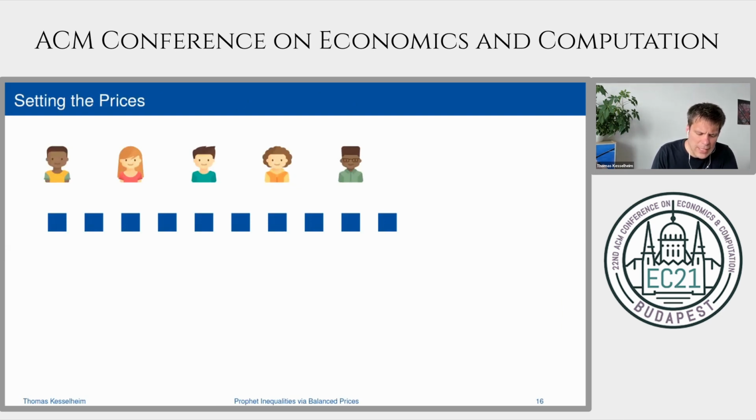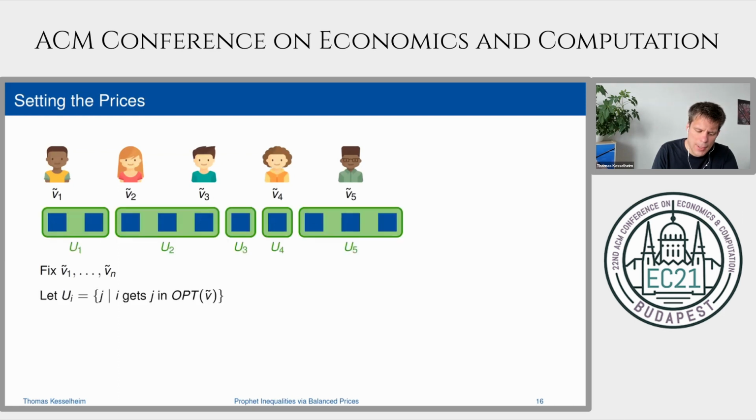Let's first suppose that we know some valuation functions, which might not be the true valuation functions. We will now want to design prices for valuation functions v1 tilde through vn tilde. And these are our items. What would we do? We would consider the following sets. Let Ui be the set of items that buyer i gets in the optimum on v tilde.